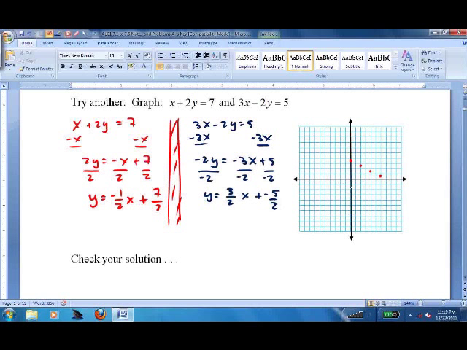Negative 5/2 is negative 2.5. And 3/2 goes up 3 over 2. Yep. Up 3, over 2. And it would appear that they intersect at this point right here.